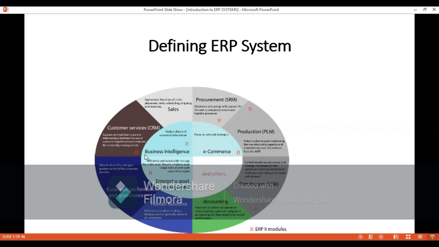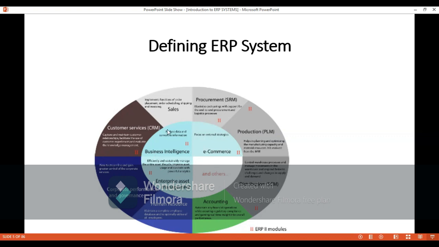So the ERP system, in a nutshell, is that we are performing certain operations to implement the ERP system. We might have business intelligence solutions, e-commerce, that's the online store, and we do have what we call enterprise asset management. From the business intelligence, you'll be having reports on the data that you are able to produce, like your sales transactions, your online purchases, your financial transactions.